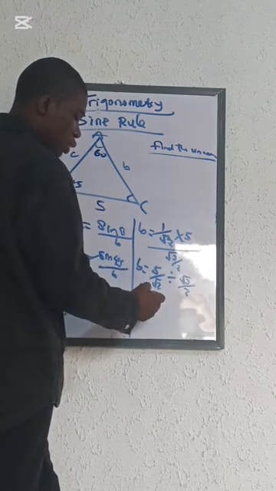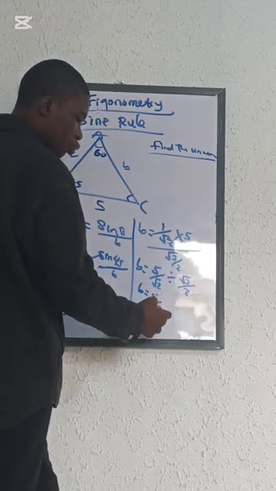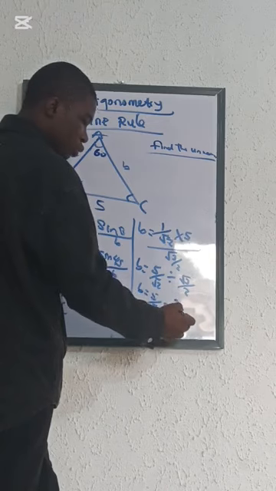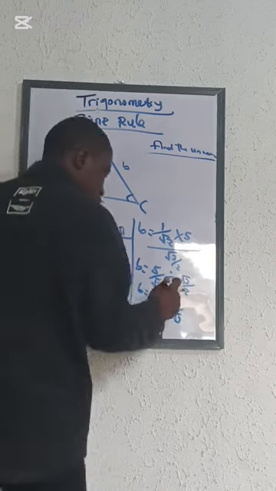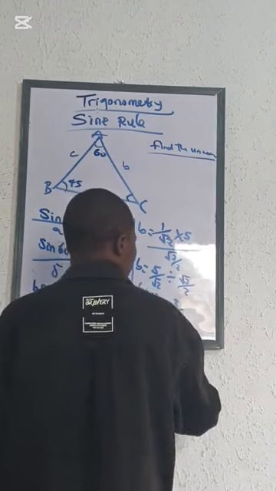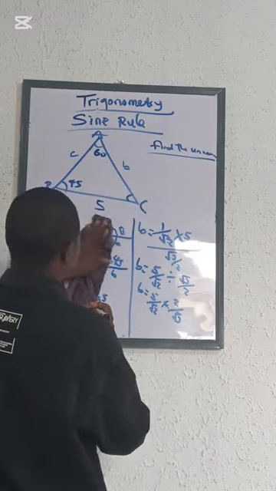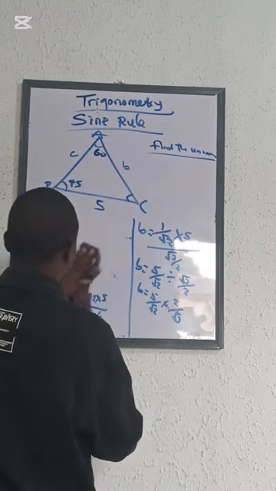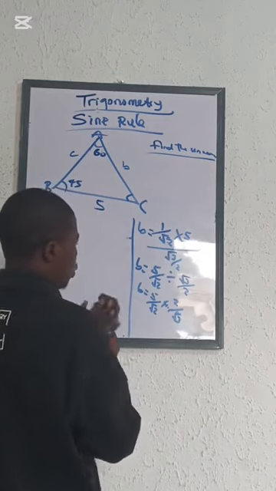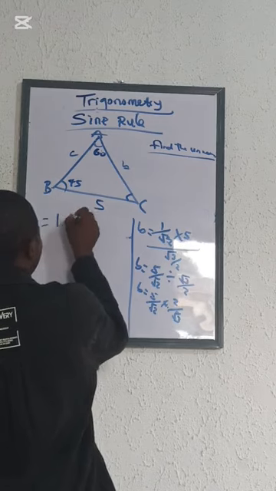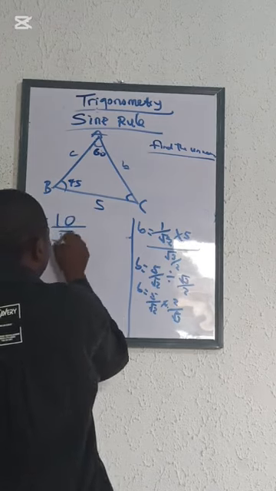Now, the reciprocal: 5 over root 2 times 2 over root 3, right? So, if we have 5 times 2, we have b equals 10 over root 6.